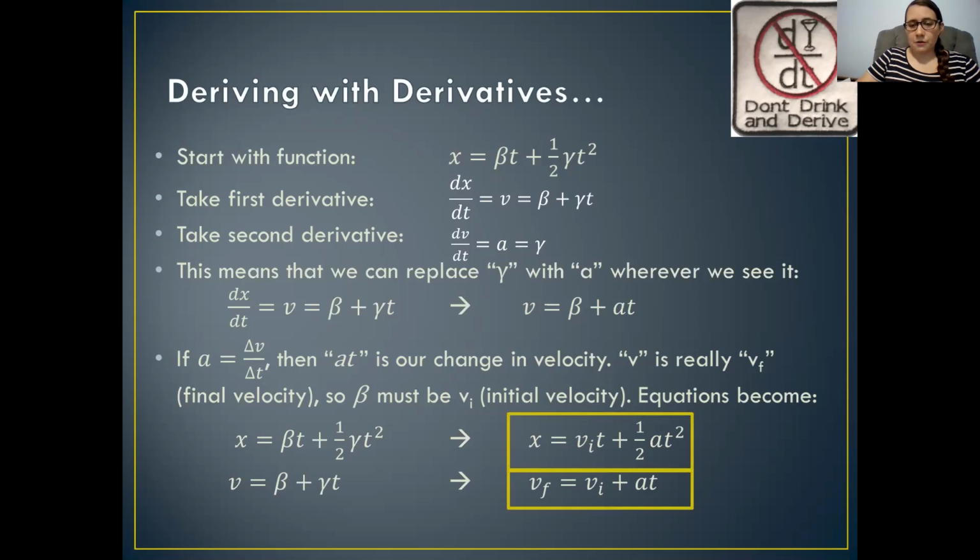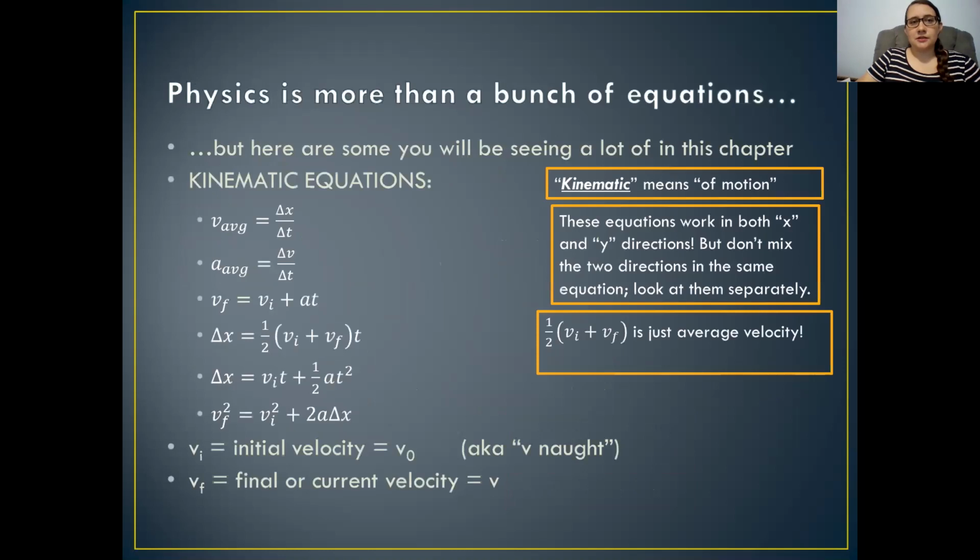So these are two of what we call the kinematic equations. And kinematic means describing motion. Now there are quite a few kinematic equations, and I have many of them written down here on this slide for you.